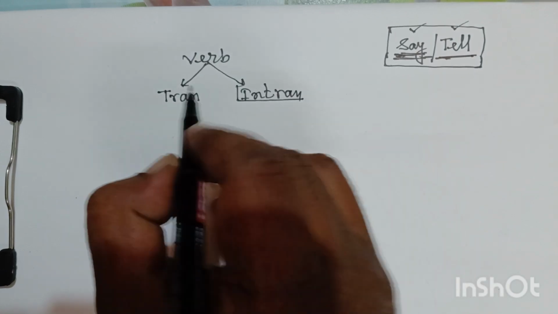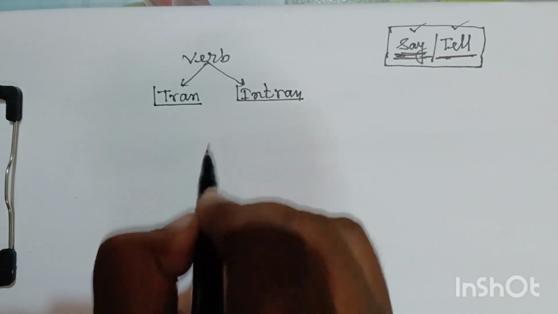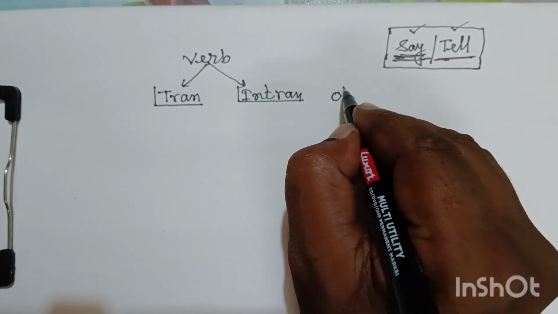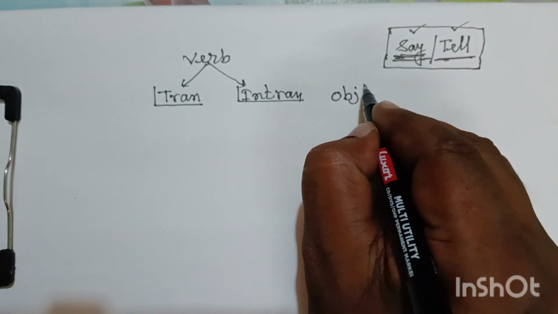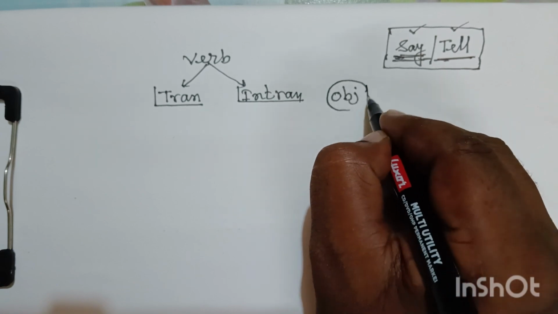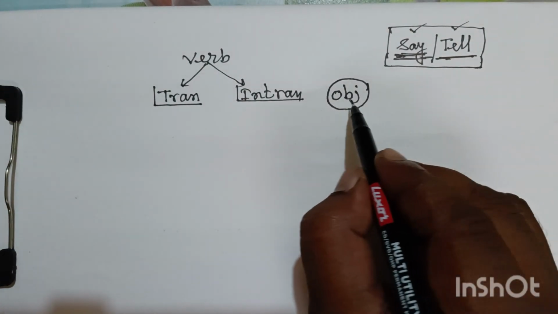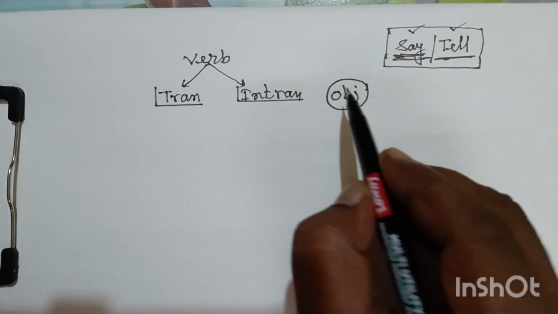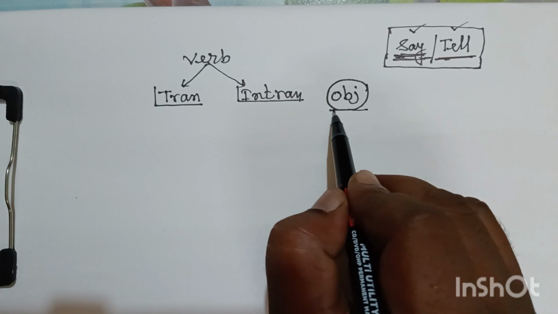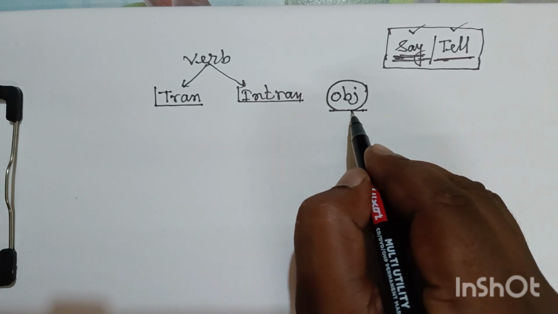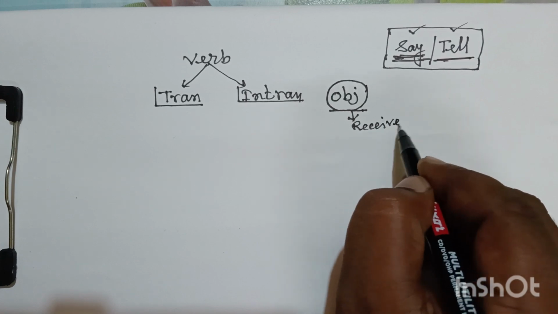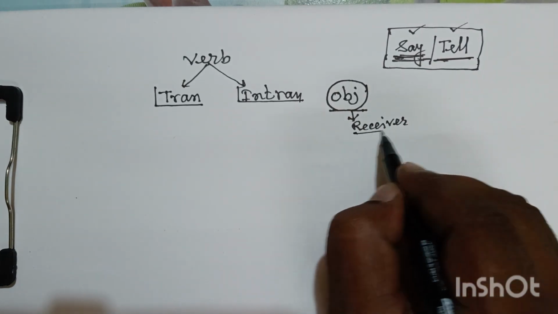Whether a verb is transitive or intransitive is entirely decided by the object. Who is the object? Object is the receiver of the action.